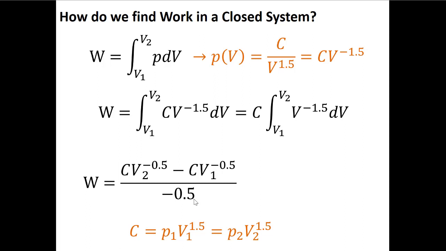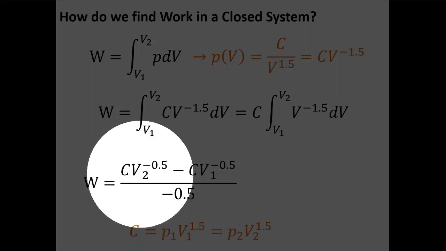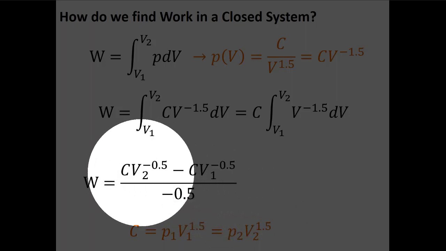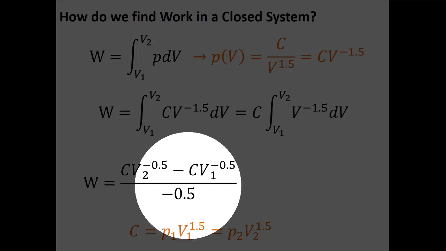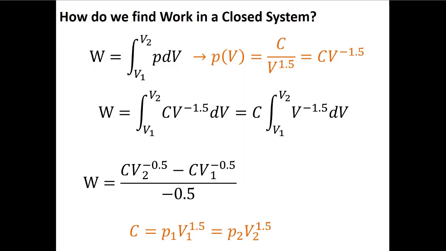So now C has two different possible expressions. So I'm going to try to group these things by their subscript. So I'm going to say P2V2 to the 1.5 times V2 to the negative 0.5 minus P1V1 to the 1.5 times V1 to the negative 0.5, divided by negative 0.5, is equal to work.